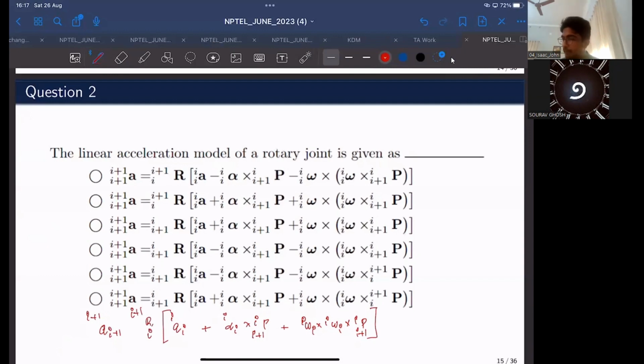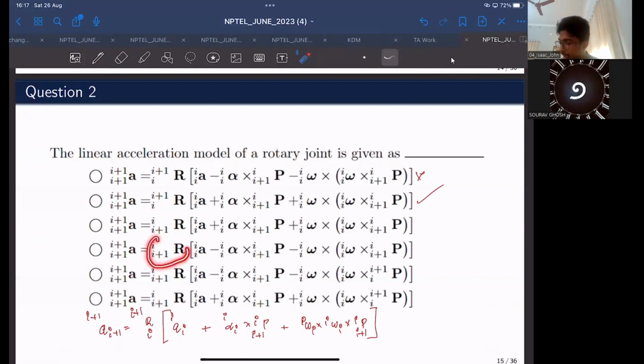Right? So in that regard, which would be the correct answer? This is the forward propagation equation. So this has a minus over here. Yes, this is not correct. Equation 2 appears to be correct. Equation 3 and 4, if you can see, the rotation matrices are basically inverted. Right?